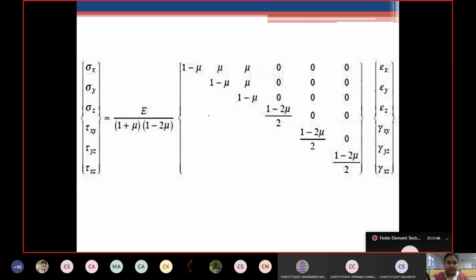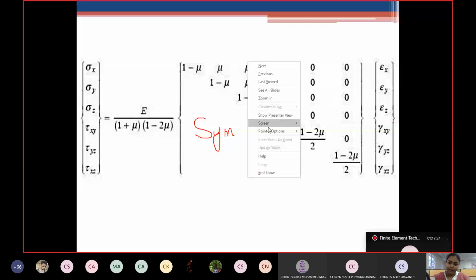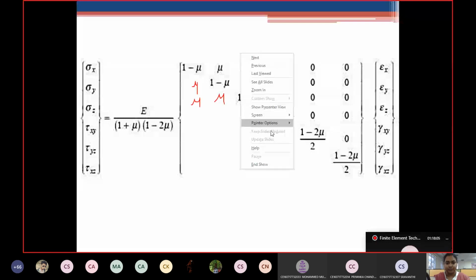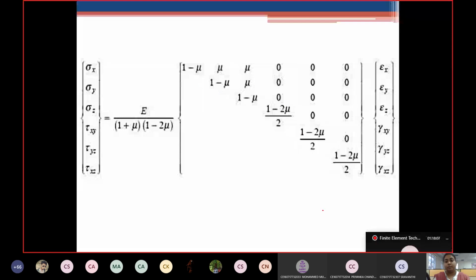And this part is symmetric. Whatever you have in this direction will be the same in the opposite direction. You can either mention all the zeros or mu here, or directly write this as the equation. Anything you can do, but note down the whole matrix please as it is.